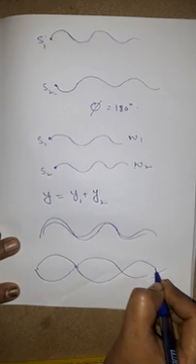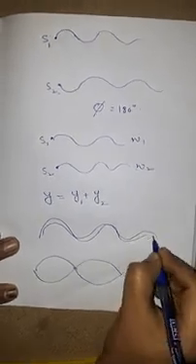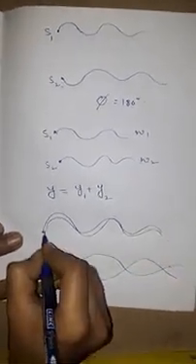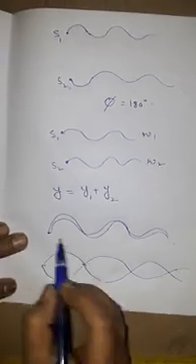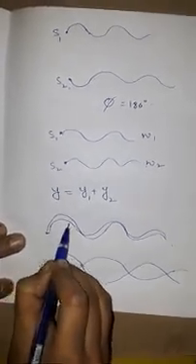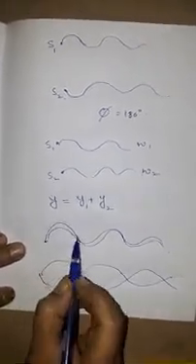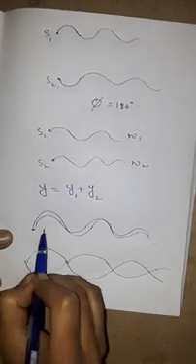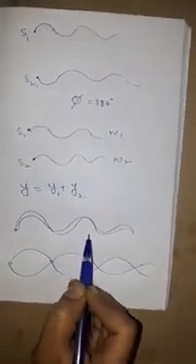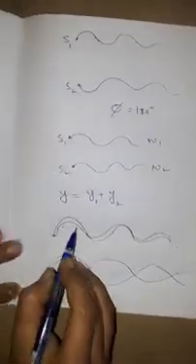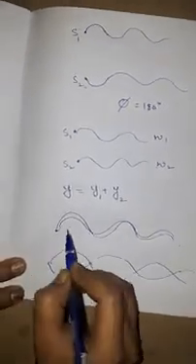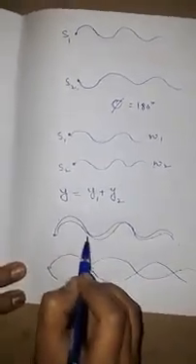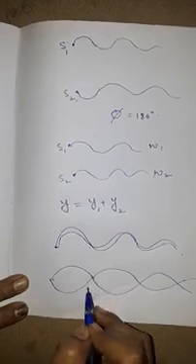The addition or combination of two or more light waves is called the interference of light. Because of this, the intensity will be different from that of the individual waves. This modification in the distribution of intensity is called the interference of light.